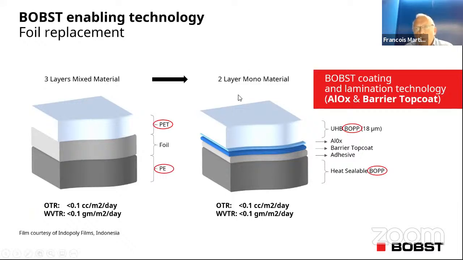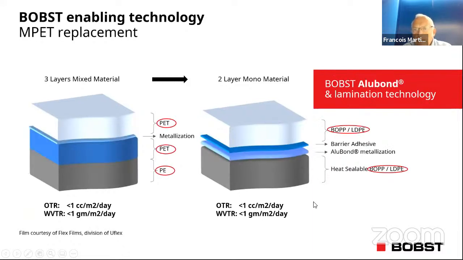So what we are proposing is to move to monomaterial, like two types of BOPP, both with the proper ink and adhesives in the middle, and that will move into the recycling bin.